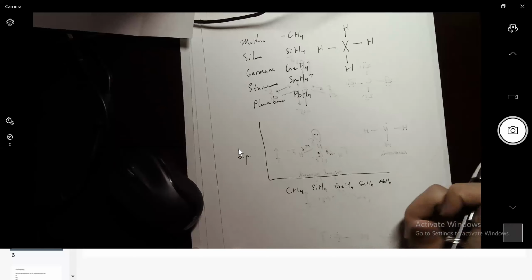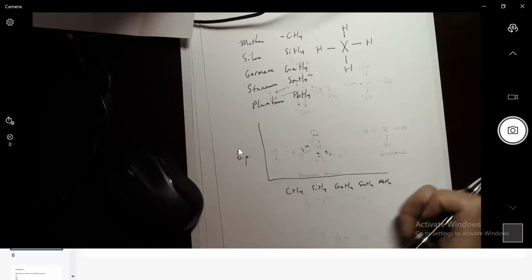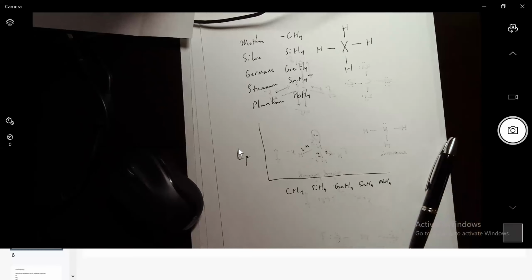So do you think they will increase? Will they decrease and increase? What do you think? What should the graph look like?